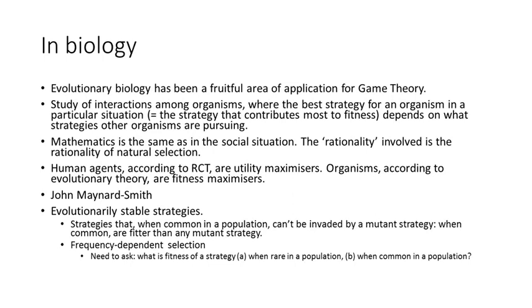And the best strategy for an organism in a particular situation, that is the strategy that contributes most to the organism's fitness or adaptedness, the extent to which they're adapted to their environment, depends on the strategies that other organisms are pursuing.